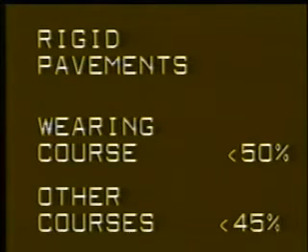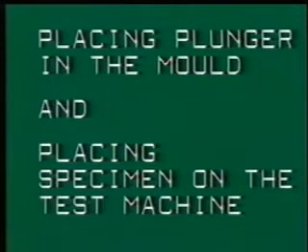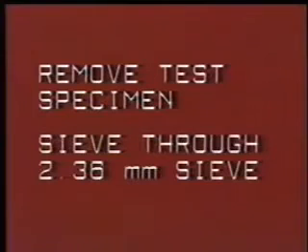To sum up, the steps involved in the aggregate crushing value test are sieving for obtaining of test material, filling test mold with proper tamping, placing plunger in the mold and placing specimen on the test machine, loading up to 40 tons, removing test specimen, sieving through 2.36 mm sieve, weighing fraction passing 2.36 mm sieve, and computing aggregate crushing value.